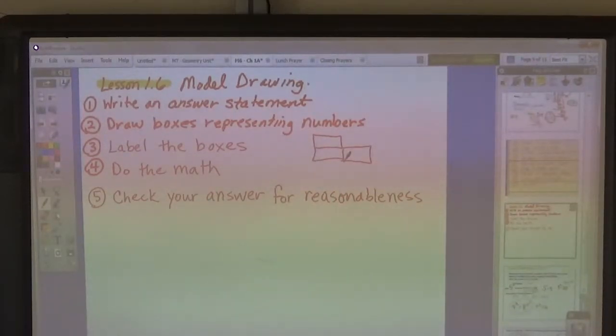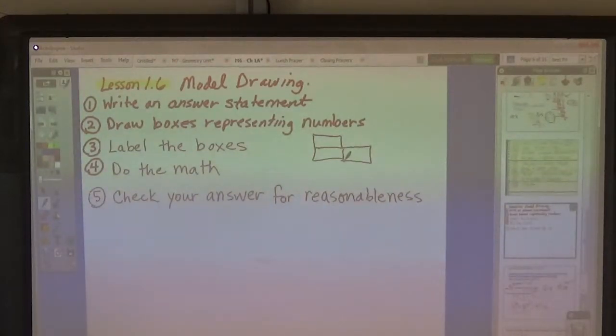Johnny? To see if the answer makes sense. Right. You want to see if your answer makes sense. If they're asking for inches, and your answer has to do with animals, then your answer doesn't make much sense, right? So, you're checking your answer for reasonableness.